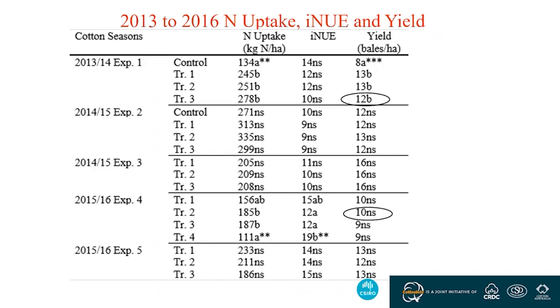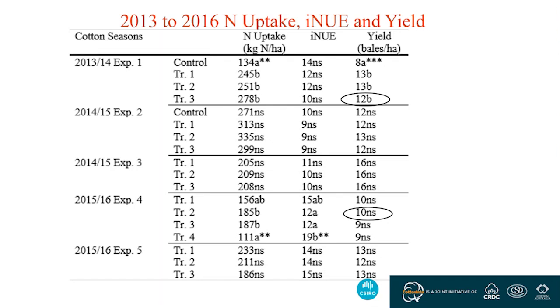So you can see the control was 8 bales relatively across the years. And in the experiment, treatment 3 was 200 in December. So we could either have it treatment 1 all up front or all of it in December. There was no difference.